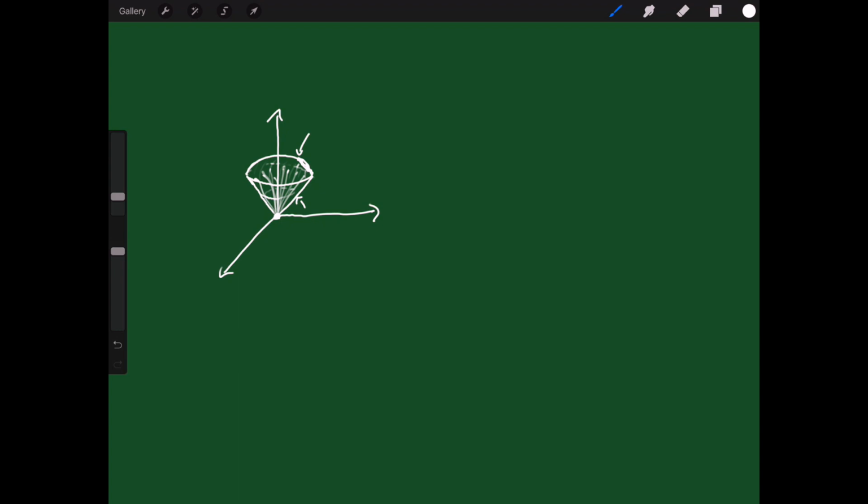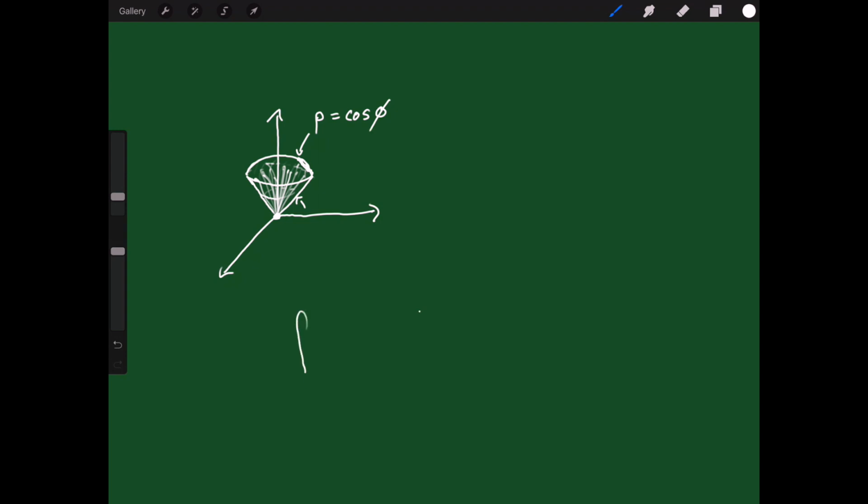Well, we said that the ice cream part is rho equals cosine of phi. So we're starting at rho equals 0, and we're going out to cosine of phi.